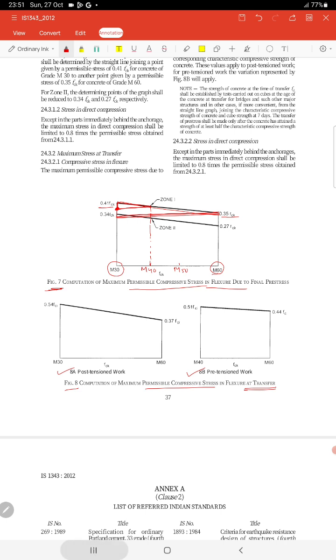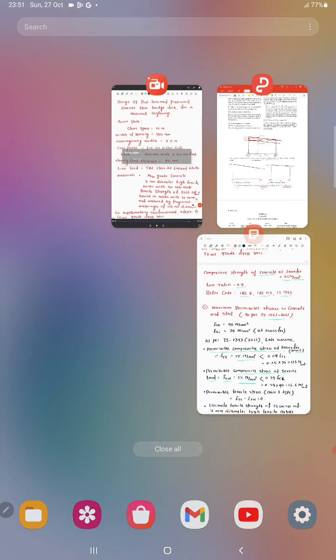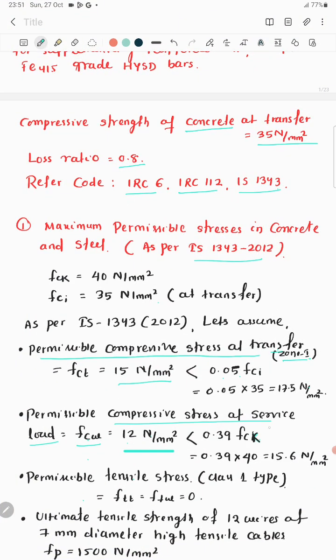So the first figure, figure 7, is for service load, which is a function of FCK. This is 0.39 FCK, which is coming 15.6 Newton per mm square, which is more than the permissible value of compressive stress at service that we have taken, 12 Newton per mm square.